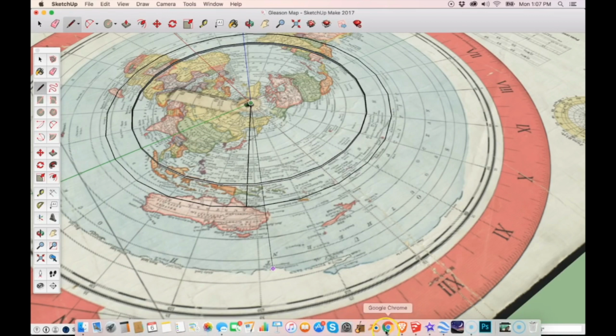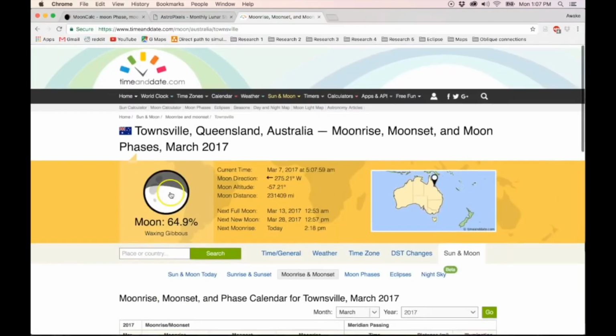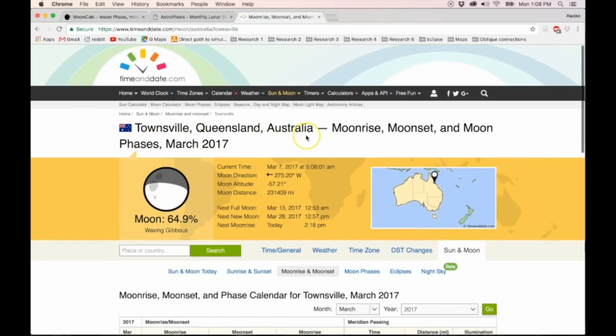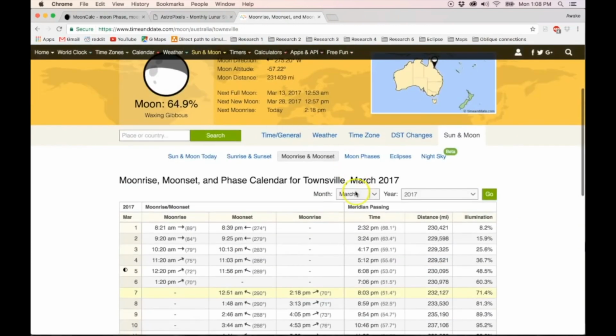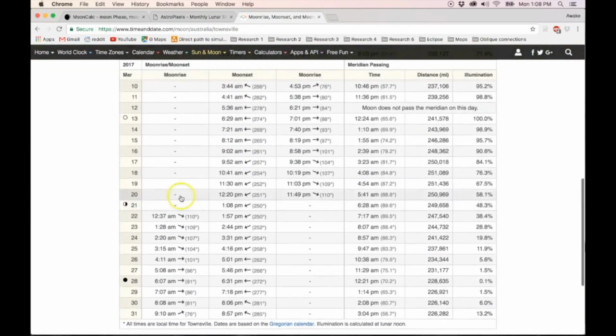Now let's get the data that we need from timeanddate.com. Here's Townsville, Queensland, Australia. This is for March. Now you can see here at the 20th, it shows a moon meridian passing of 88.8 degrees. Then on the 21st, 89.6 degrees. So right here is when the moon's meridian passing is going to be directly overhead.